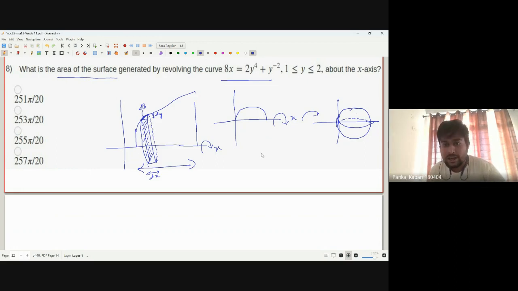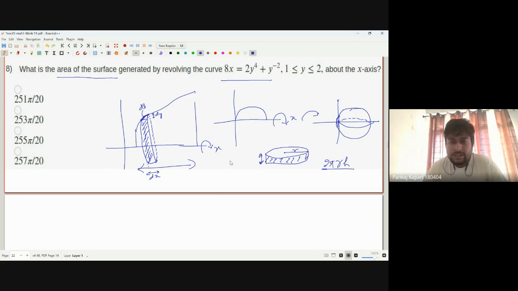What is the area? This is like a cylindrical strip, but not perfectly slender. How do we find the area of a cylindrical strip? You have to find the radius r, find the perimeter 2 pi r, and then take the height h. This will give you the area of the cylindrical strip.